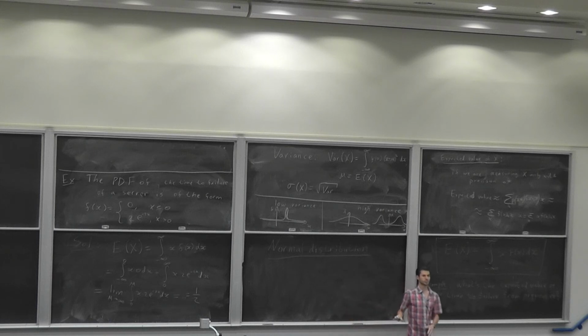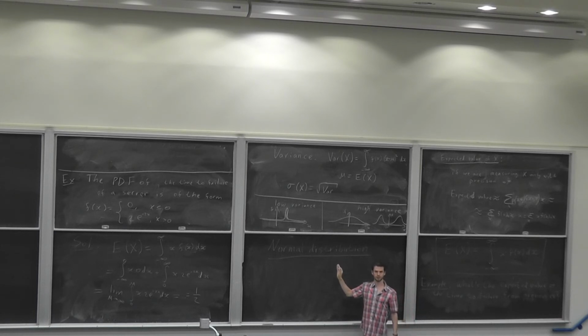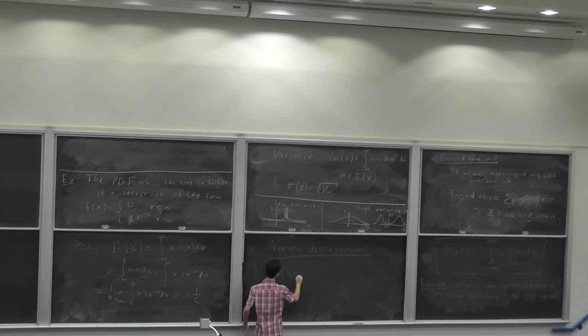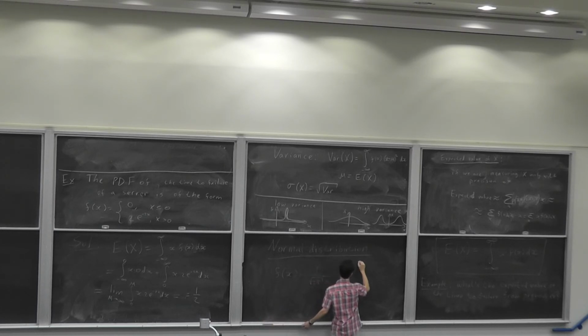Today I'll probably just start talking about it and then use half an hour on Monday to finish talking about it. Okay, so normal distribution. That's a variable with the following density: 1 over square root of 2 pi sigma, e to the power minus (x minus mu) squared divided by 2 sigma squared.